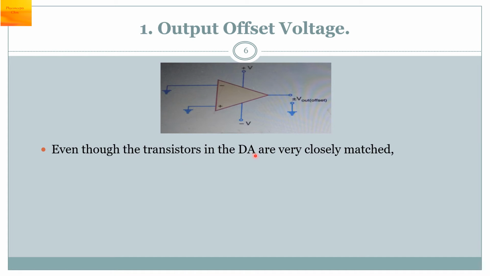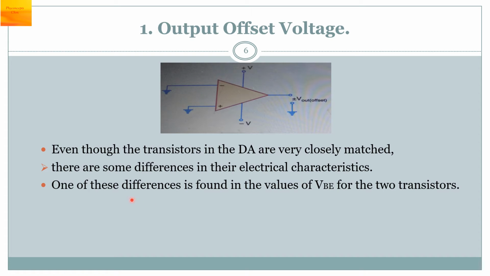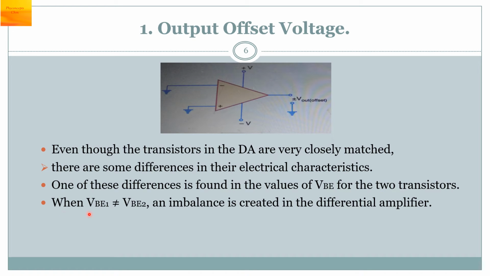Even though the transistors in the differential amplifier are very closely matched, there are some differences in their electrical characteristics. One of these differences is found in the values of VBE for the two transistors. When VBE1 is not equal to VBE2, that is the base emitter voltages for the two transistors are not equal, an imbalance is created in the differential amplifier.